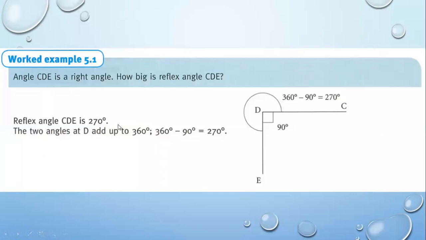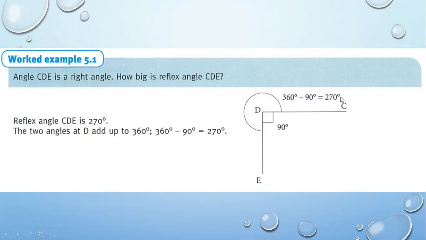Here, for example, we have the first example. The angle CDE is the right angle. How big is reflex angle CDE? You can see from here to here is equal to 270. So this is called a reflex angle because it is equal to 270.